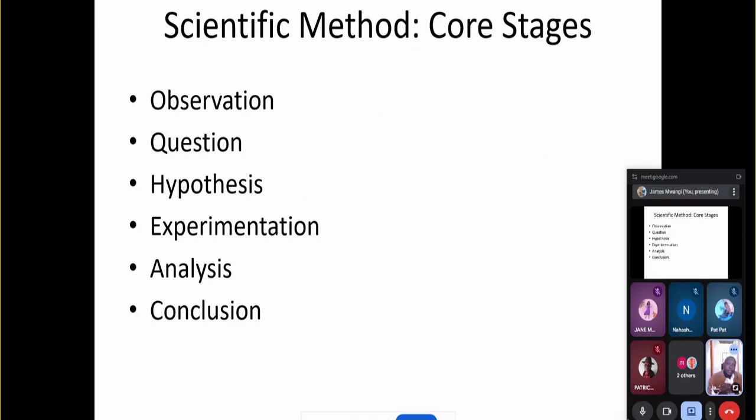Okay. Then the other innovation methodology is the one that we call the scientific method. And the scientific method has 6 core stages. Number 1, observation. Number 2, question. Number 3, hypothesis.